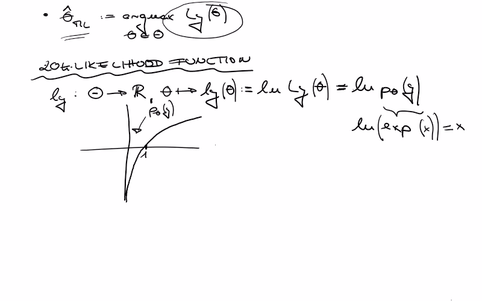It works because the natural logarithm is monotonically increasing. So when you have a higher value in the likelihood function, you also have a higher value in the log likelihood function. So the value in parameter space that you find by maximizing either the likelihood function or the log likelihood function is the same.